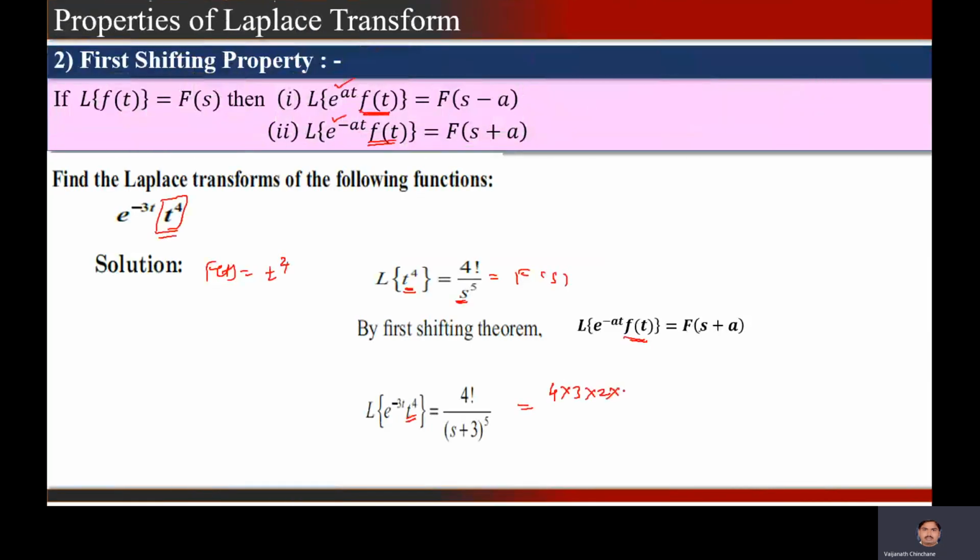And this 4 factorial is nothing but 4 into 3 into 2 into 1 divided by s plus 3 raised to 5, means 24 divided by s plus 3 raised to 5. So this is the answer, because 5 factorial means 5 into 4 into 3 into 2 into 1, in this way.